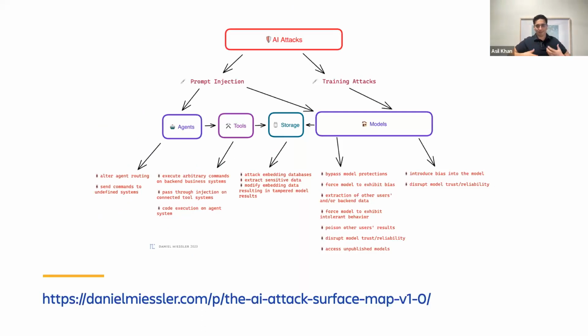Daniel Miessler has published an excellent blog post, which I encourage you to read, breaking down the attack surface of an application integrated with an LLM, where on the left side you have agents with some autonomy, and by doing a prompt injection attack you can change the model's behavior or execute arbitrary commands, or you can use it to attack databases, extract significant sensitive data, or tamper with its results.